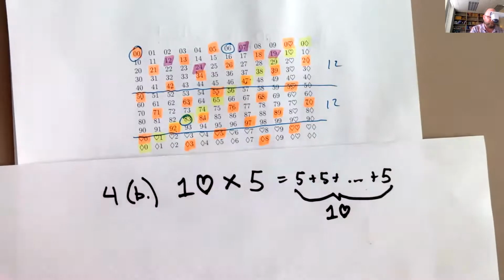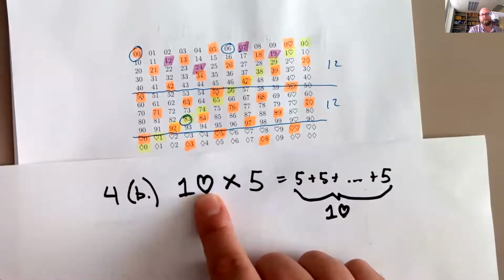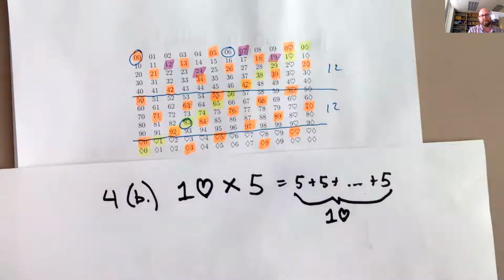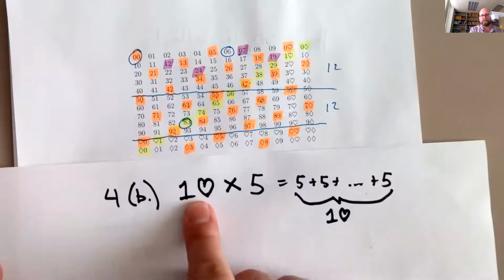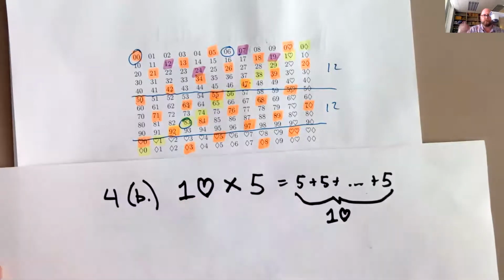So I'm going to count forward 1 heart 5s. I'm going to skip count by 5s, 1 heart times. So I'm going to count up to 1 heart.